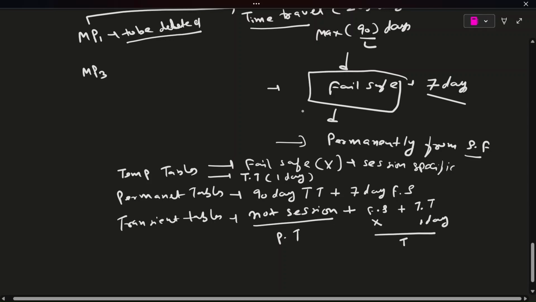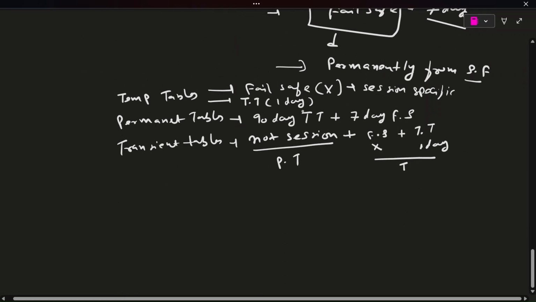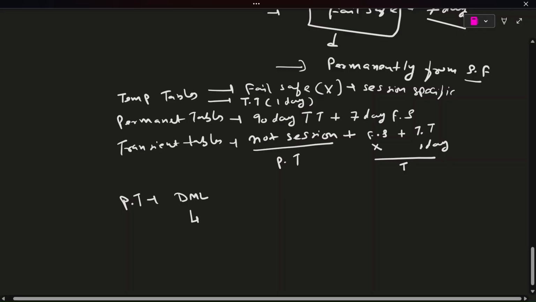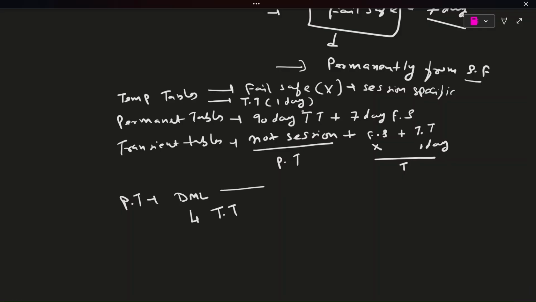So guys, this is very important. If you have some permanent tables which have very frequent DMLs, try to convert them to transient tables. Got it? Because with each DML, you will have micro partitions created.